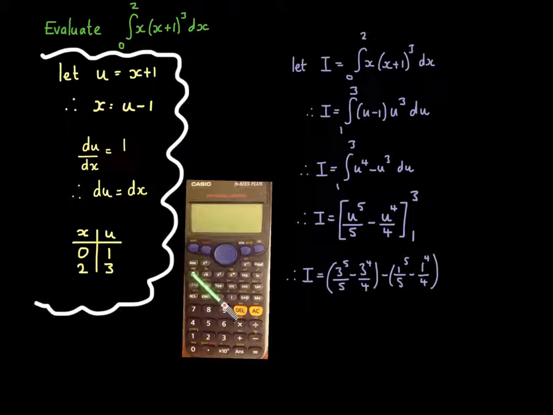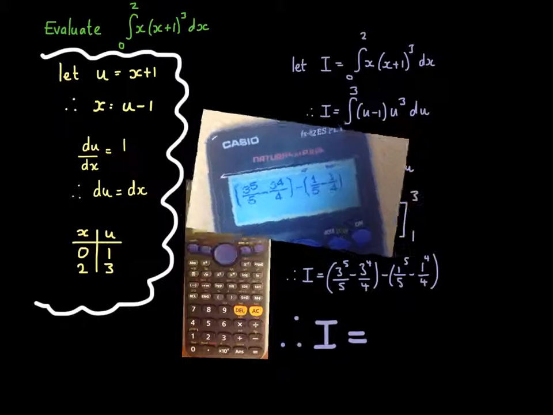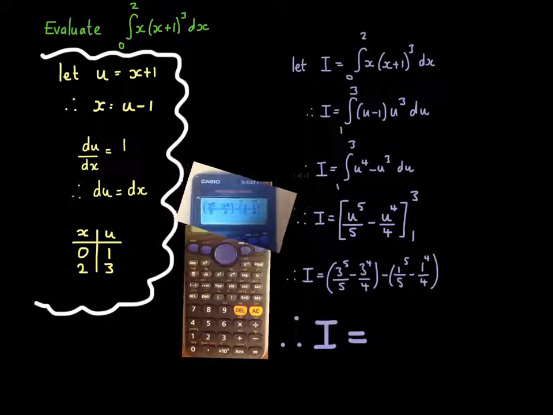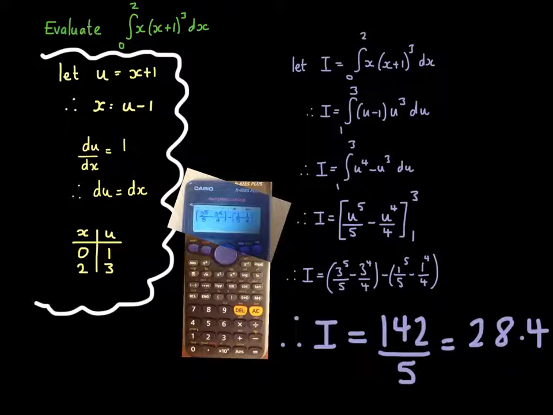Just use the fraction buttons and the power buttons, and let your calculator do all the work for you. Your answer should come out as 142 over 5, which is 28.4.